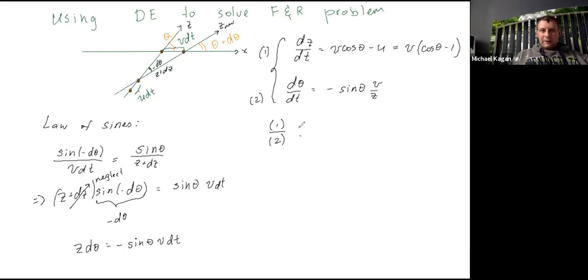Okay? And when we divide these derivatives, we get dz d theta. Does that make sense? What do we get on the right-hand side? We get v cos theta minus 1, minus sine theta, z over v.